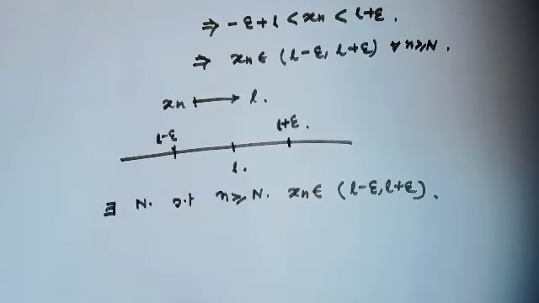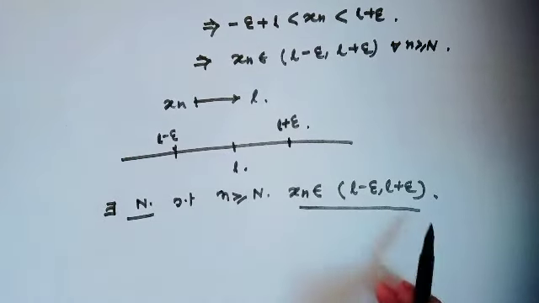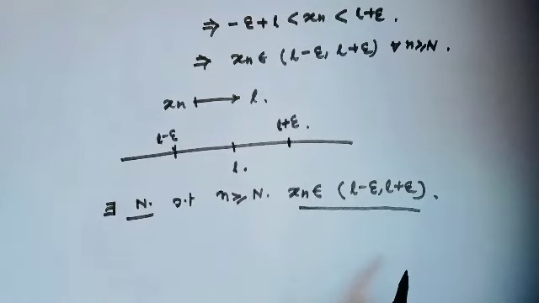That means there exists a capital N stage such that after this stage xn lies in (L minus epsilon, L plus epsilon).